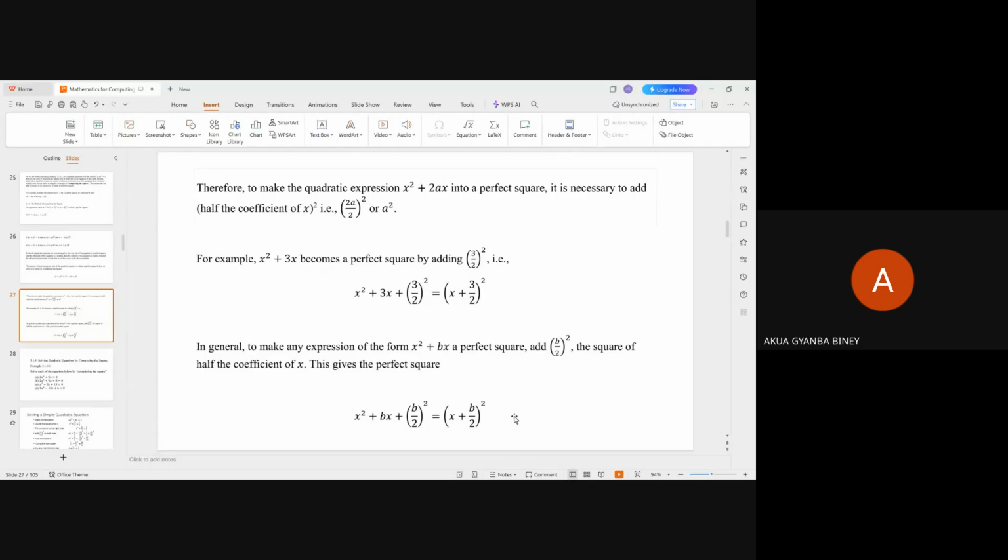You understand? So just watch your b. You watch your b divided by 2 all squared. Now when you have this, it is easy to get this. And if you can remember what we have been doing, the first part of the expression, before we look at the coefficient, is just x plus b over 2 all squared.